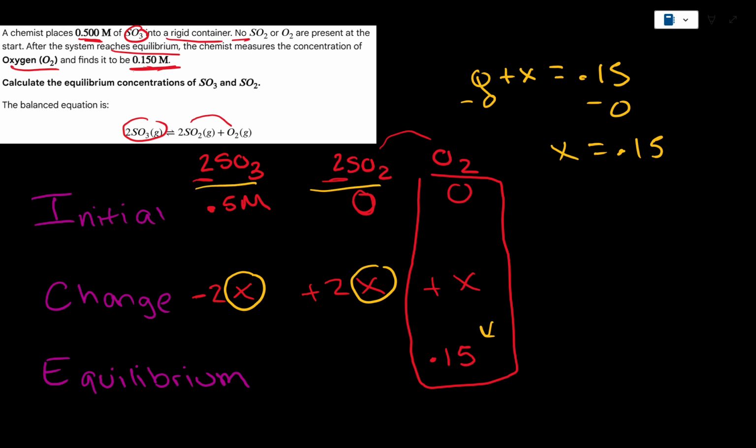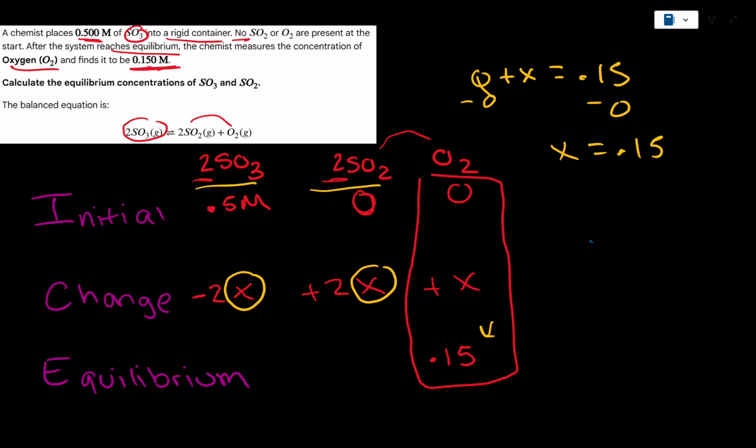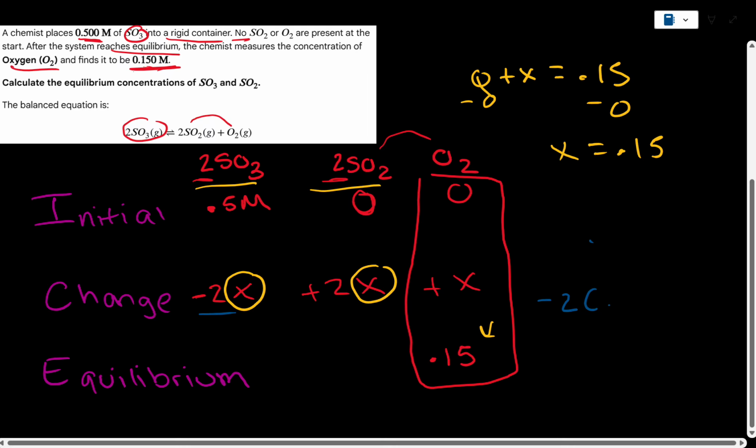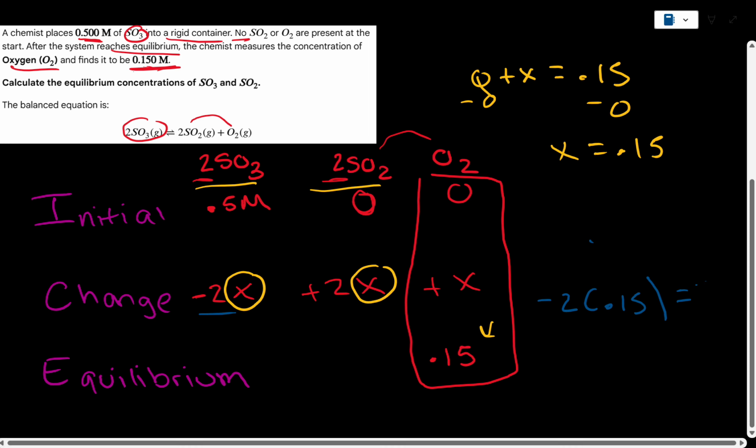So I'm going to change colors again. Let's solve for this one first. It's going to be minus 2 times 0.15, and that's going to equal 0.3.